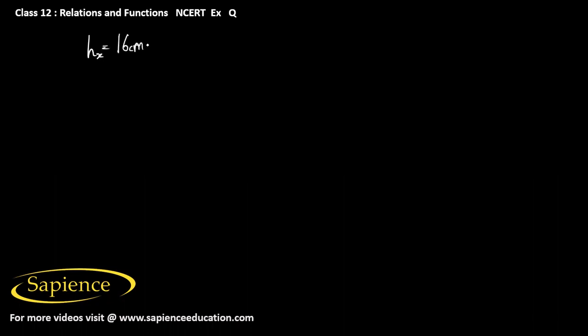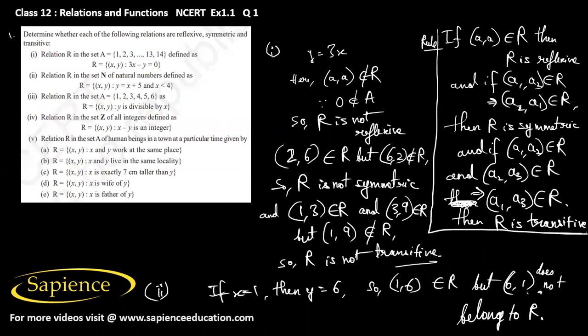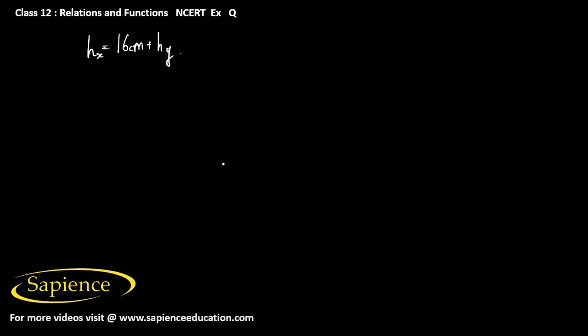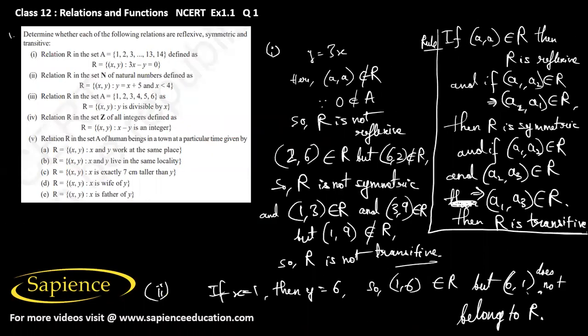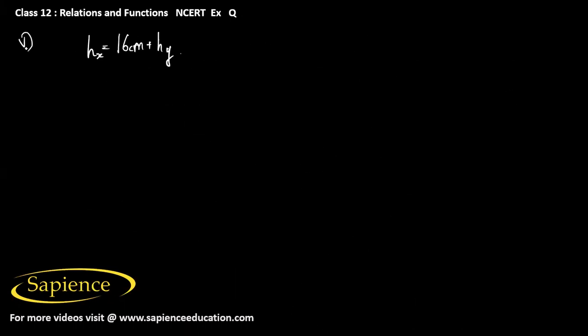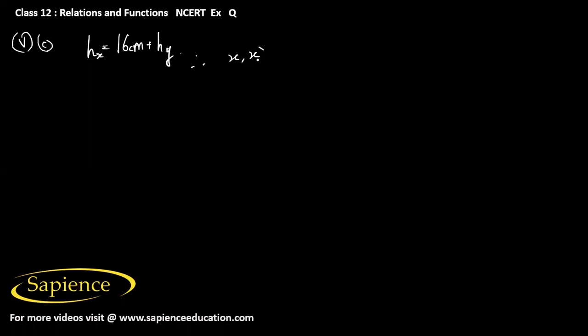It is 16 centimeter taller than Y. So height of X is 16 centimeter plus height of Y. So it is the fifth part C. Now, therefore, X comma X does not belong to the relation R, since the same person can't be 16 centimeter more than his or her own height. So therefore R is not reflexive.